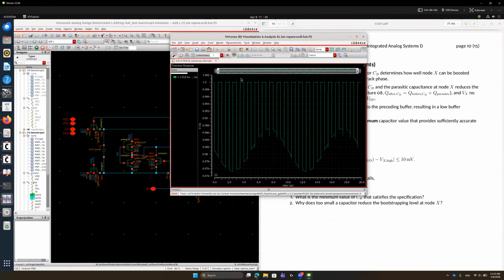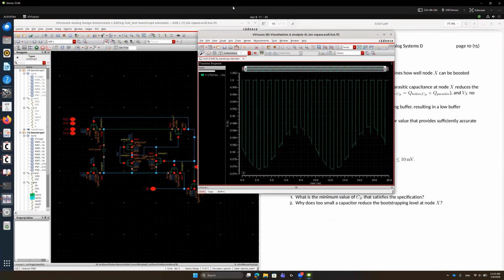So when the voltage is touching exactly as high as 1 volt, that means we are resetting this bootstrapping cap. And during the bootstrapping action, which means tracking phase.